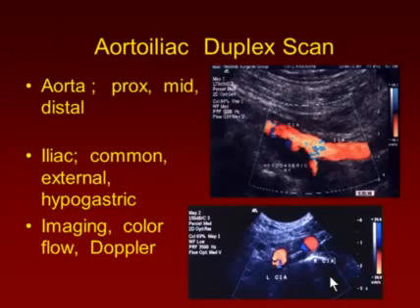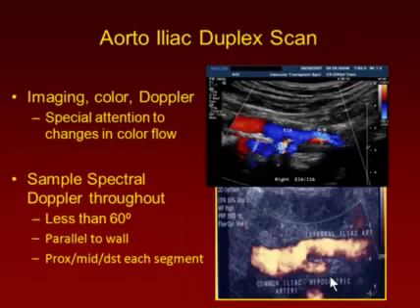We're going to look at the aorta first in proximal, mid, and distal and collect samples there. And then the iliac, we'll look at the common iliac, the external iliac, and the hypogastric or internal iliac in both transverse and longitudinal views using imaging, color flow, and Doppler. Special attention can be paid when there are changes.